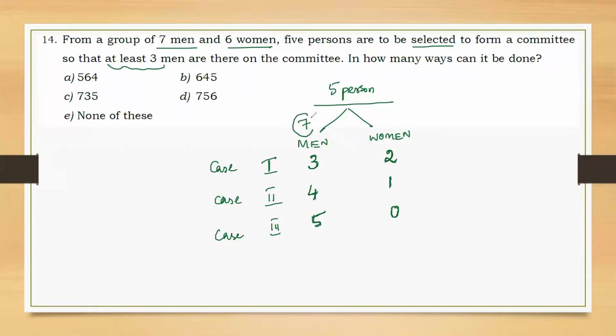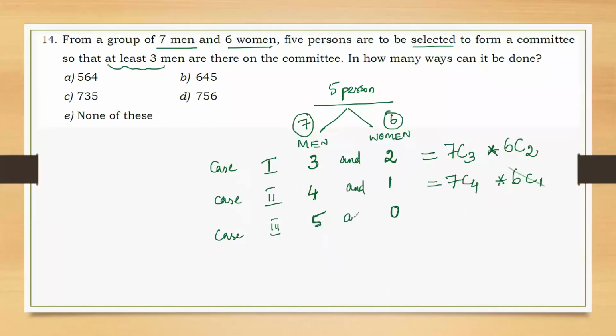In case 1, we need to select 3 men out of 7, and 2 women out of 6. 3 and 2 is equal to 5, a committee of 5 persons, therefore we multiply. Similarly, the second case, 4 men and 1 woman: out of 7 you select 4, and out of 6 you select 1.